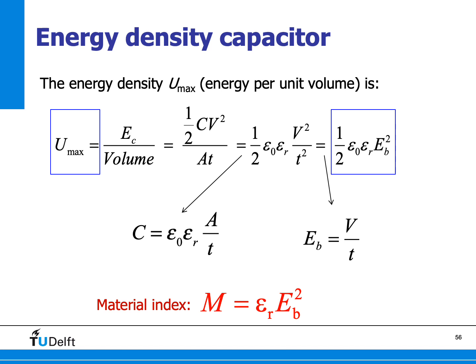It only contains the material parameters, and we want to maximize the energy density, and we also want to maximize the material index, so we can simply take from this formula only the material parameters and put them into the material index.